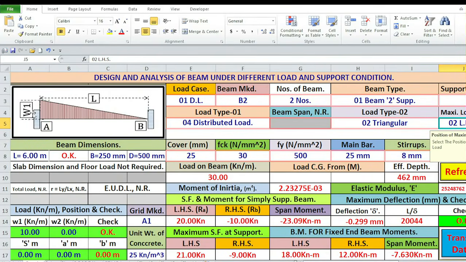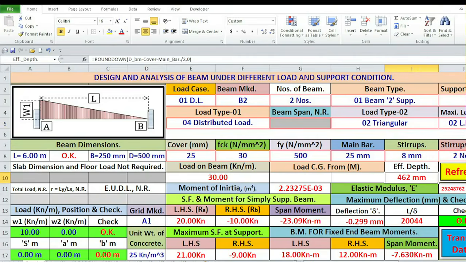Here on the left hand support the load is maximum and all the values just interchange their position except the maximum span moment and the deflection for the beam at span is equal to 0.229 minus, that is downward.